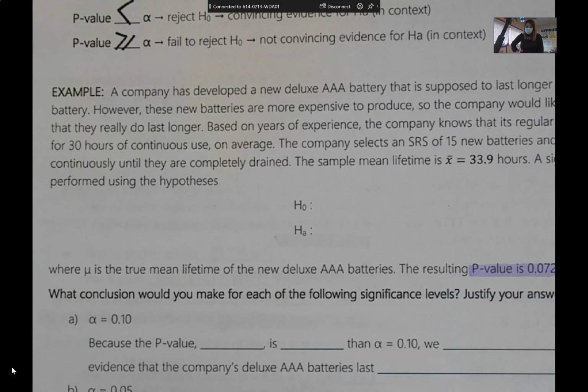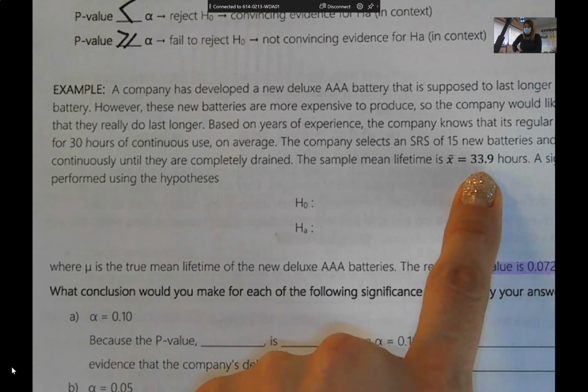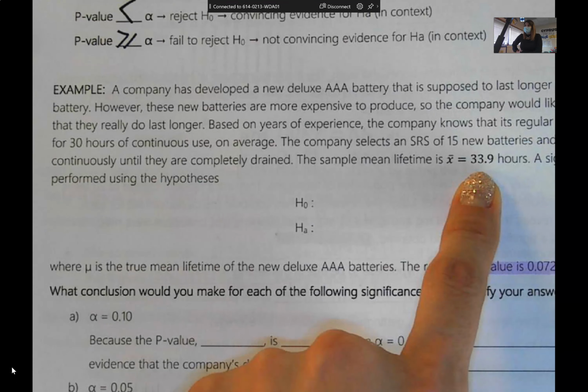Based on years of experience, the company knows that its regular AAA batteries last for 30 hours of continuous use on average. The company selects an SRS of 15 new batteries and uses them continuously until they are completely drained. They get a mean lifetime of 33.9 hours.